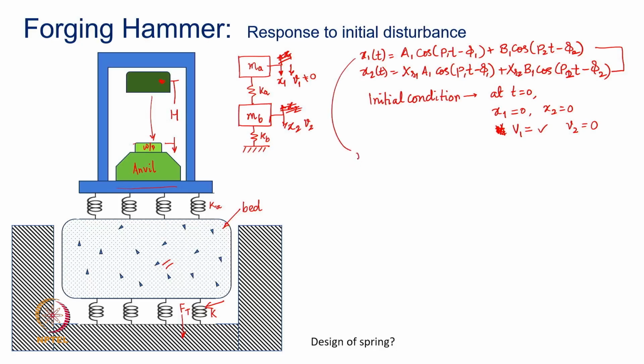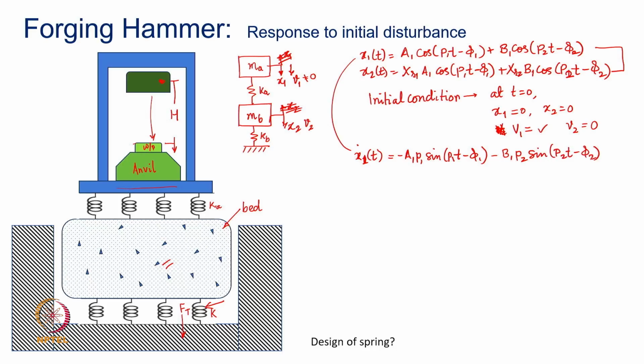I can find out the corresponding velocity. I will just give you an example of how this x1 dot would be like minus a1 p1 sine (p1t minus phi 1) and minus b1 p2 sine (p2t minus phi 2).